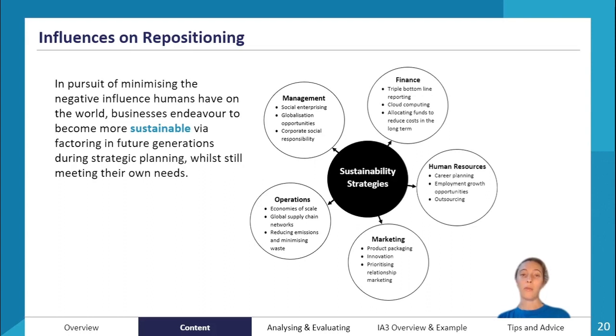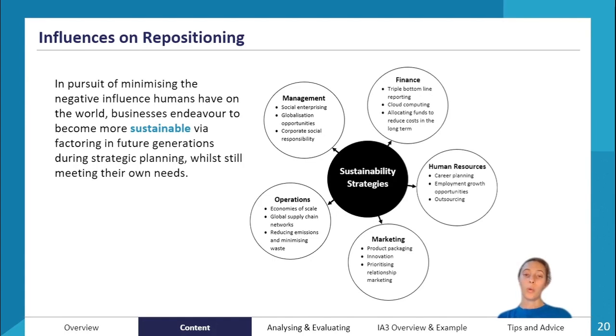This is all about thinking about future generations during that strategic planning, while still meeting their own needs as well. So with sustainability, you have that balance between needing to make sure that the business is still running and doing well financially, but you're doing all of that while being sustainable.